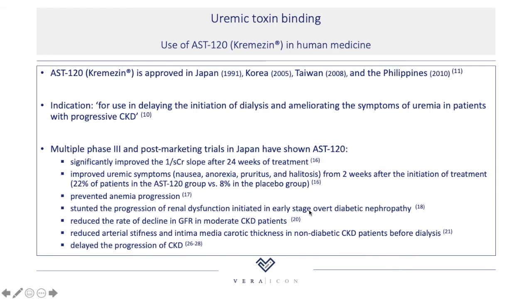It has been used in patients with early stage overt diabetic nephropathy, where it has been shown to slow down the progression of renal dysfunction. In non-diabetic CKD patients before dialysis, there's reduced arterial stiffness, so the effects on the cardiovascular system are diminished when AST-120 is added to their treatment protocol.